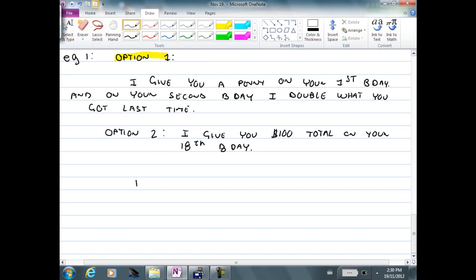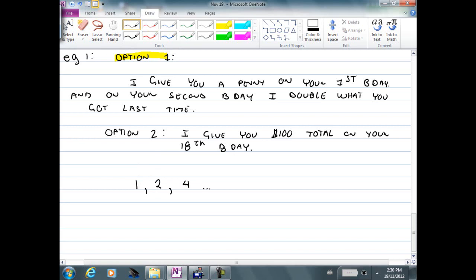Then you'll be working in pennies instead, so at 100 you know that's $1. Second number, 2, because I'm doubling. Third number, 4. Now, I look at the pattern.